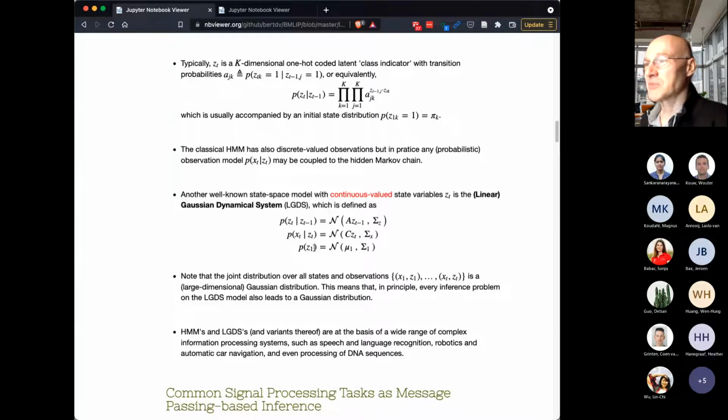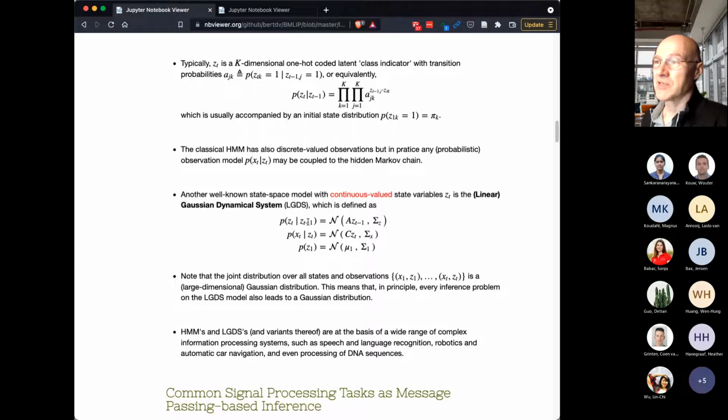So let's say we start at P of Z0, some Gaussian, and then we can run the top equation to get a distribution over P of Z1, and with that we can compute the probability for P of x1 given Z1, and so now we have a distribution for P of x1, and then we continue.